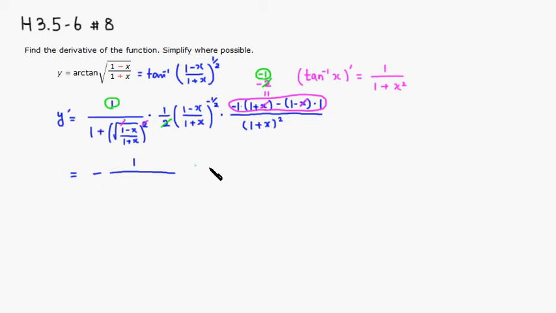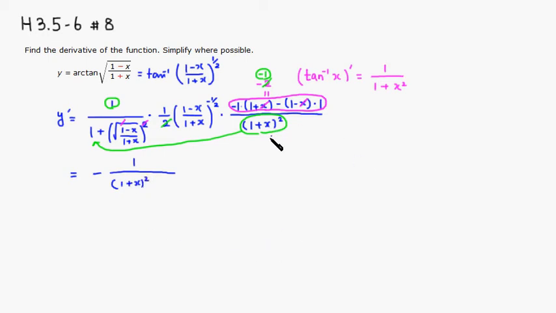And then on the bottom, I'm going to just multiply this out. This guy distributed to 1, we will get the quantity 1 plus x squared.